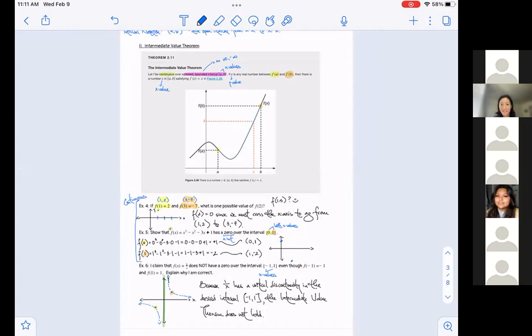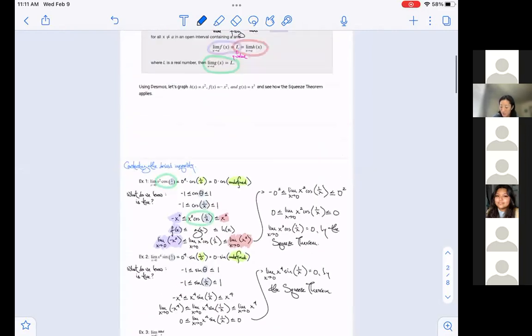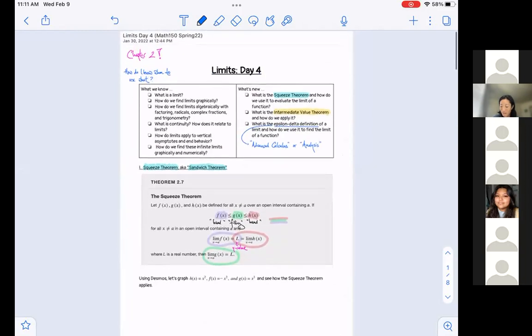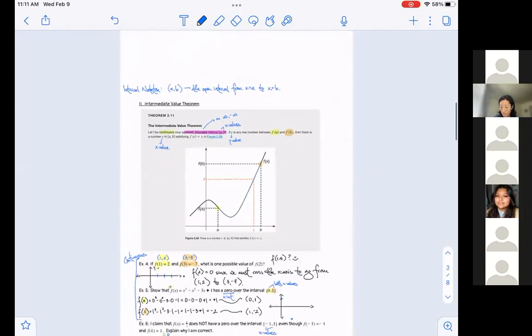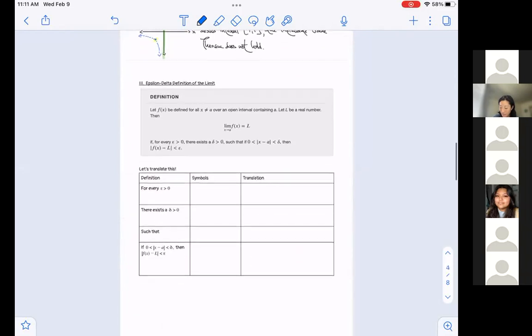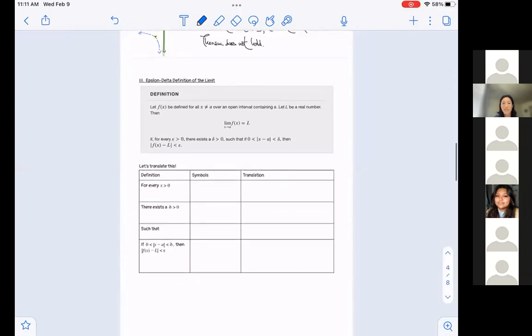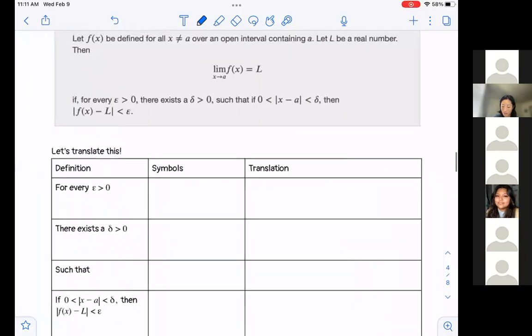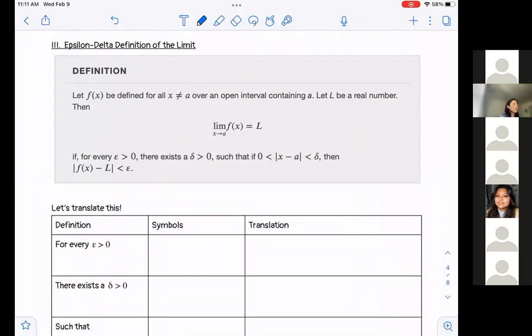All right, so we've talked about the squeeze theorem. We've talked about the intermediate value theorem, and I'm going to give us a little bit of a break before we talk about the epsilon delta definition, okay? Before we go into the epsilon delta definition, when we study these examples, study the ones that look like what we're getting in class.